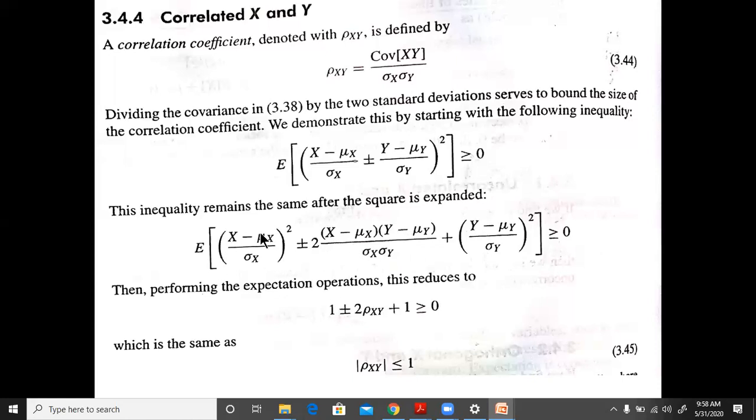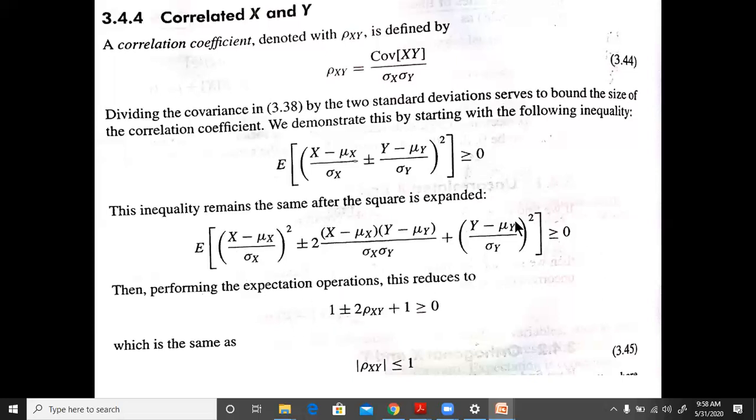Now, E of (x minus mu x) by sigma x whole square is nothing but 1. Similarly, E of (y minus mu y) by sigma y whole square is also 1. Because the expectation of (y minus mu y) whole square is sigma y square, so sigma y square cancels. Similarly, the expectation of (x minus mu x) whole square is sigma x square, so sigma x square by sigma x square cancels, and it is just 1.